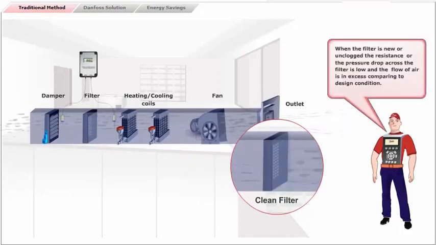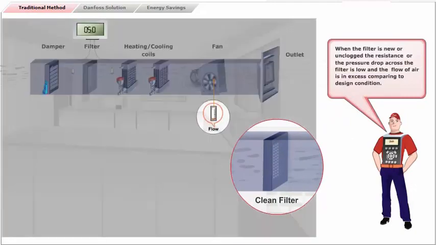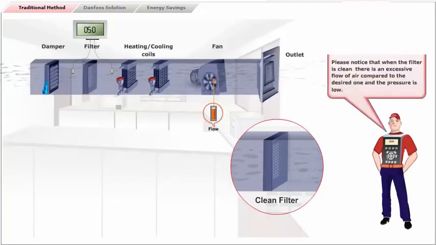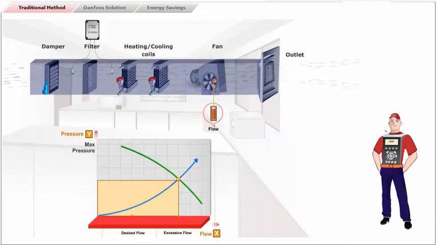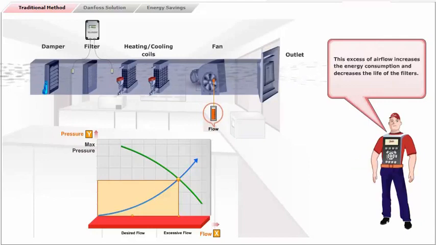When the filter is new or unclogged, the resistance or the pressure drop across the filter is low, and the flow of air is in excess compared to design condition. Take a look at the graph. Please notice that when the filter is clean, there is an excessive flow of air compared to the desired one, and the pressure is low. This excess of airflow increases the energy consumption and decreases the life of the filters.